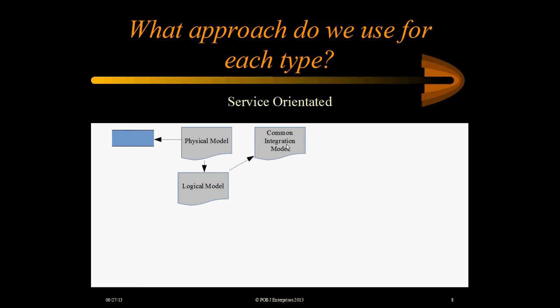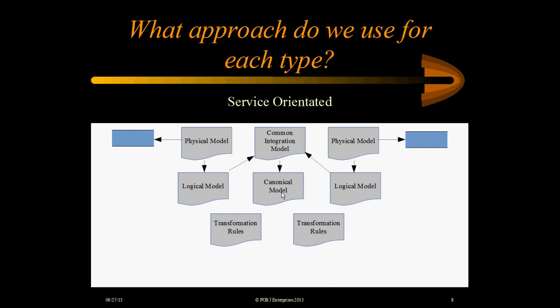Now, the common integration model is the basis for the canonical model. So from that, we develop a canonical model. And typically, the canonical model is an XSD or a set of XSDs that is utilized by transformation rules to transform from and to a data interface format. We translate it from the source into the canonical format.